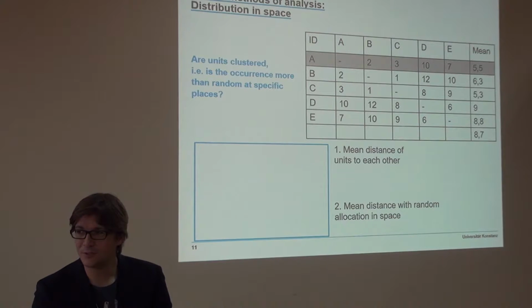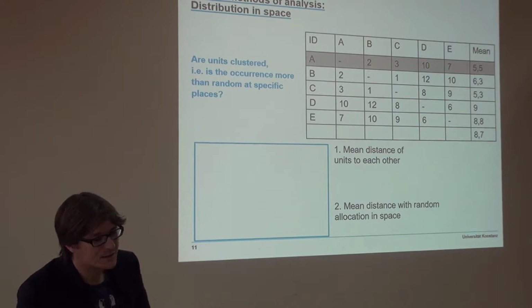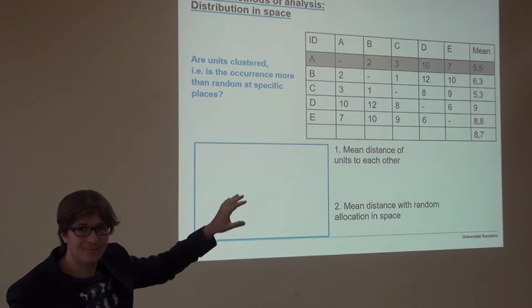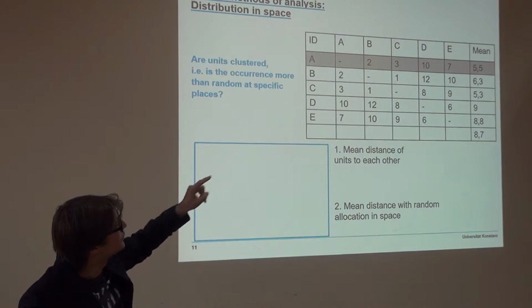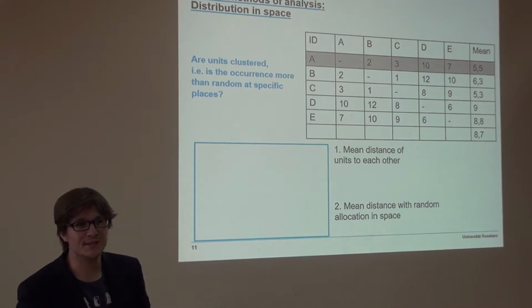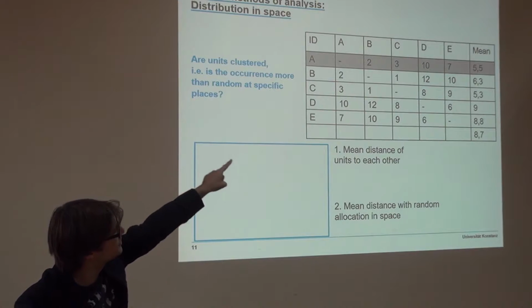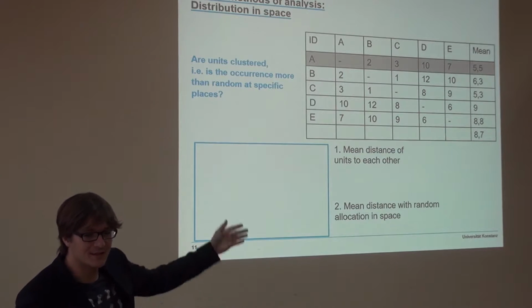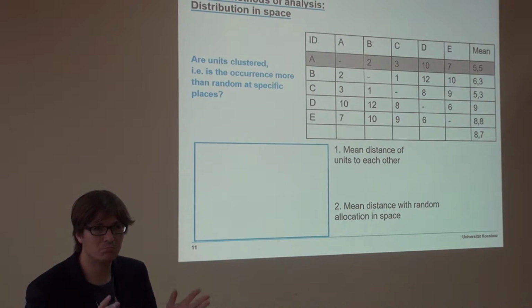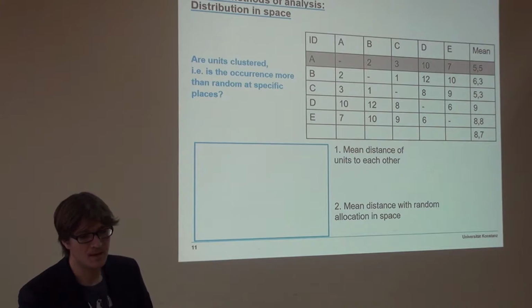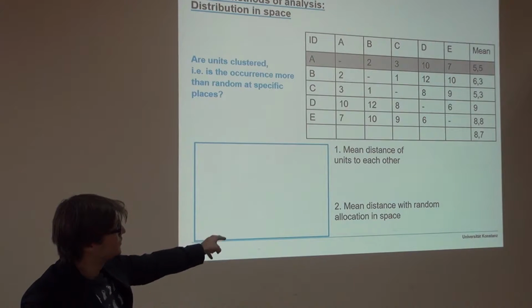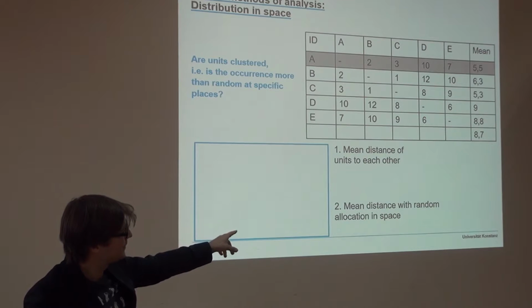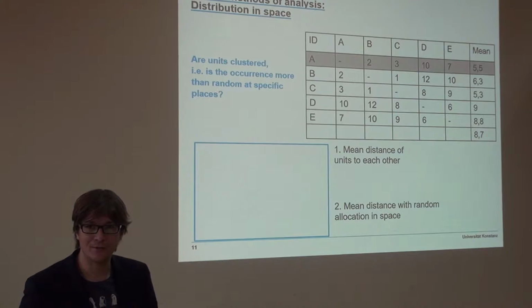And what you would do in this case is you use this distance matrix, as we had in the slide before, and you calculate all the mean distances. So you would calculate for all the observations the mean distance to all the other observations, and you would calculate the mean of that. In this example, it's 8.7 distance units, whatever that is. And you would do the same with a random allocation of the same number of observations in space. Of course, the computer program will do it for you.